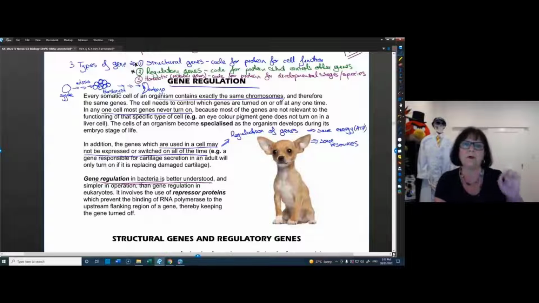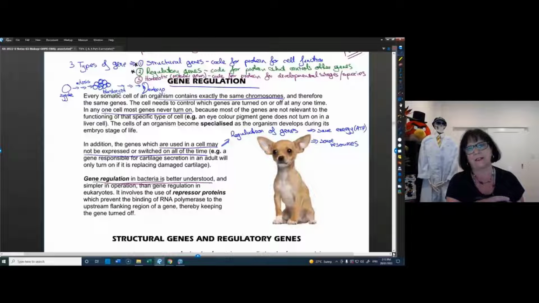The most simple of the evolutionary organisms, single-celled prokaryotic bacteria, undergo gene regulation. And in fact, it's the bacteria in particular that has been studied by scientists to really try to understand how this turning on and turning off of genes happens.